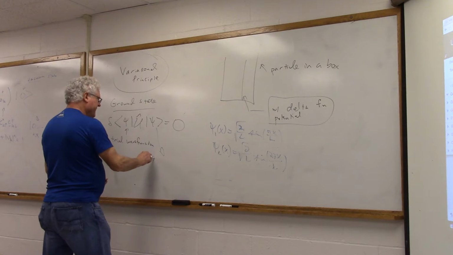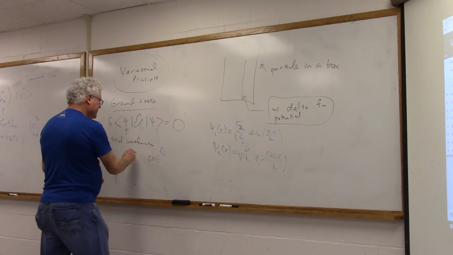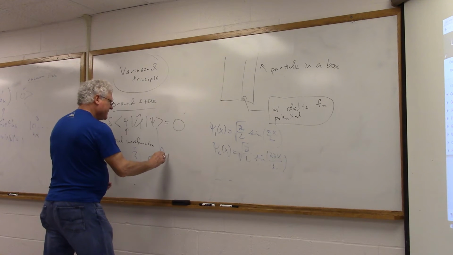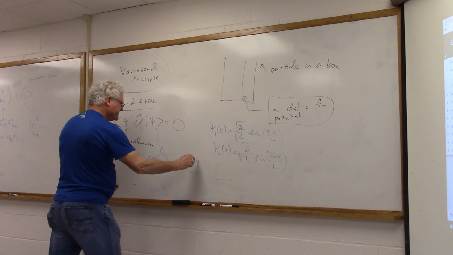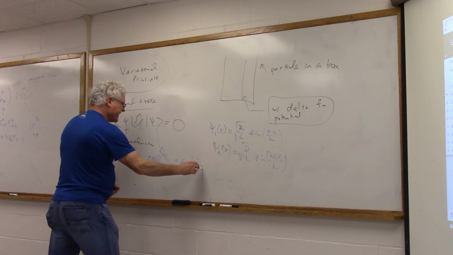I think it might be something like cosine of some angle times psi 1 plus the sine of theta times psi 2, or vice versa. I forget which way I had it set up.